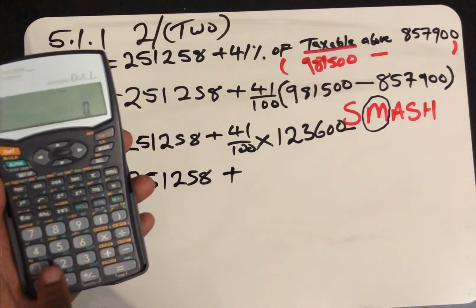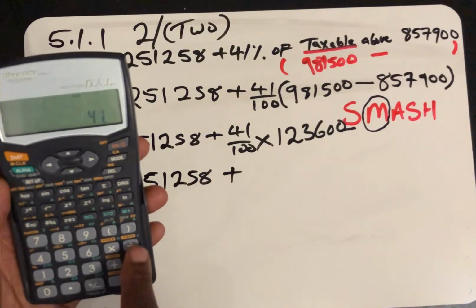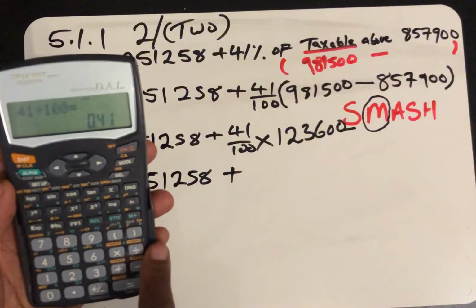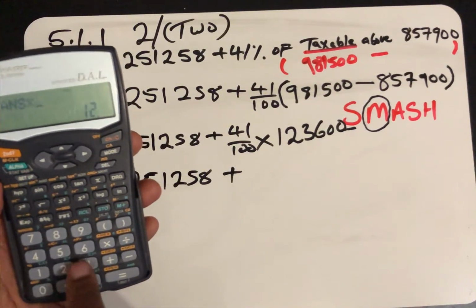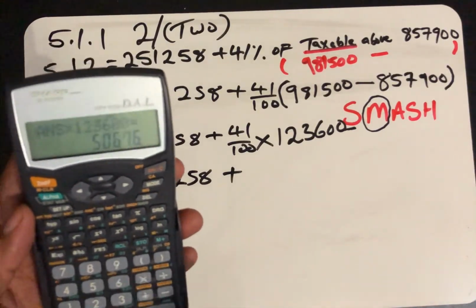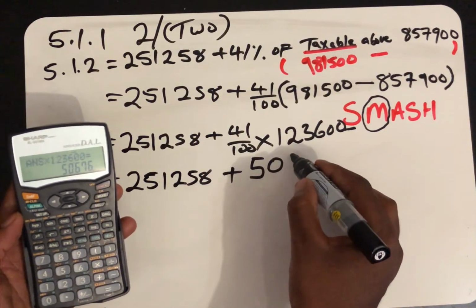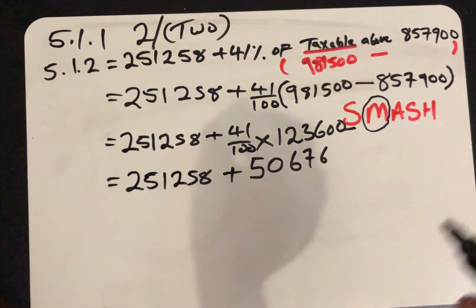We are going to say 41 over 100 multiplied by 123,600. Then our answer here is going to be 50,676.